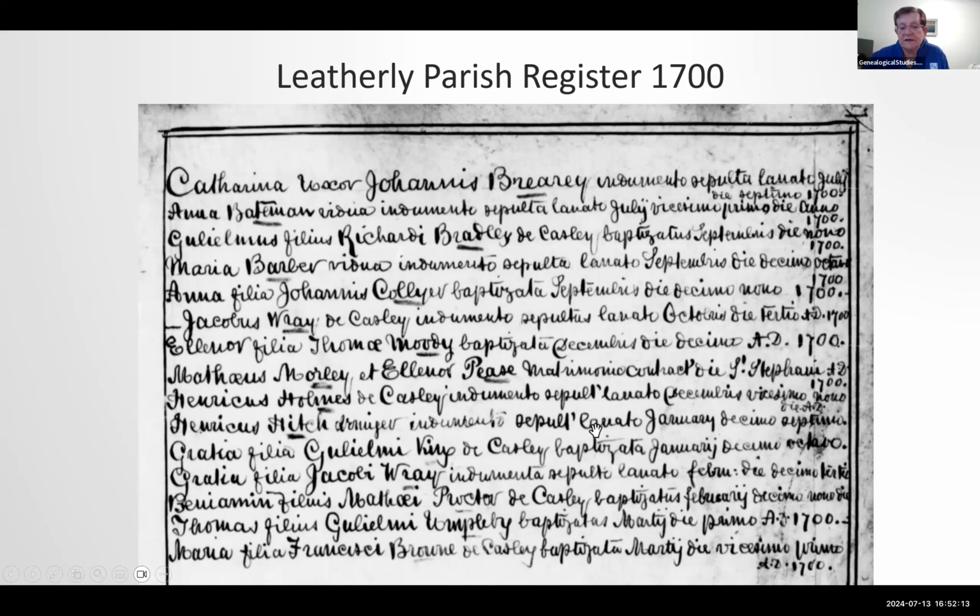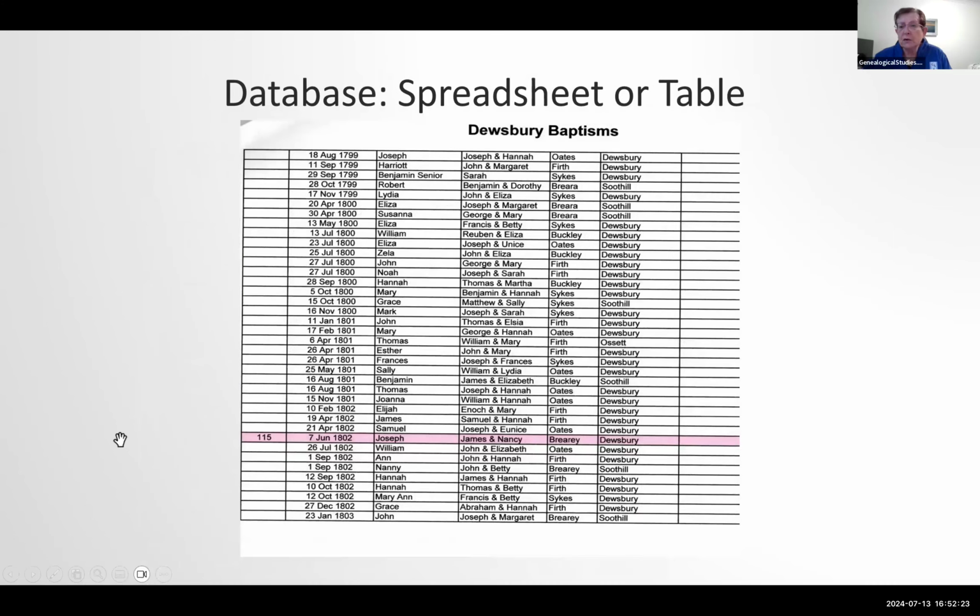So beautiful writing, very easy to read. I just wish there were more parish registers like this one. So easy to read. So you look through the whole of the parish register of your interest, and how do you deal with all of the results you're getting?